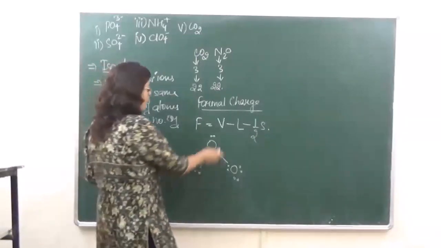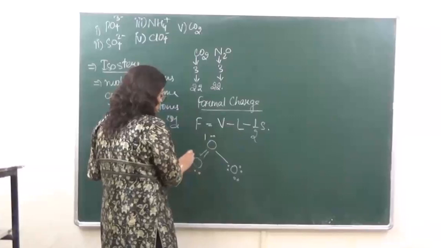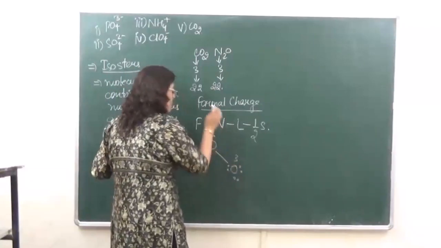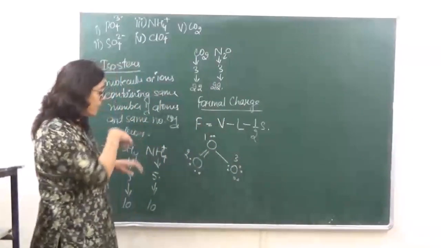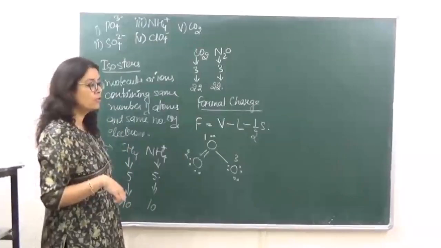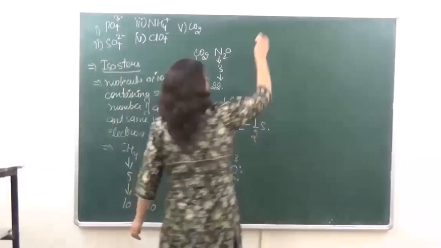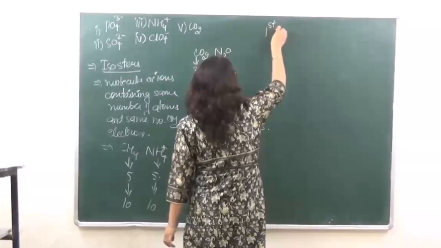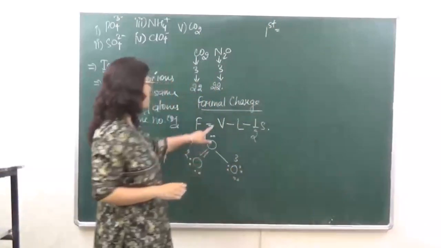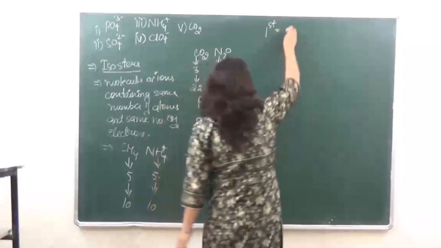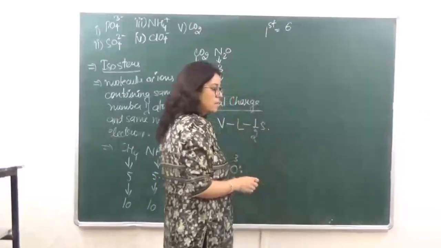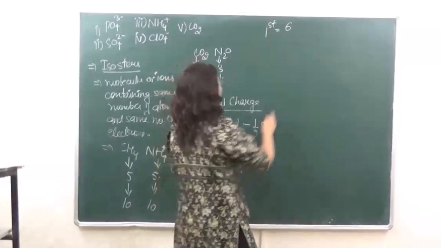Okay? Now let's say this is the first oxygen, this is the second oxygen, and this is the third oxygen. We need to calculate the formal charges on all the 3 oxygens. Right? So let's go on to the first oxygen. Number of valence electrons in oxygen is equal to 6. Minus lone pair.